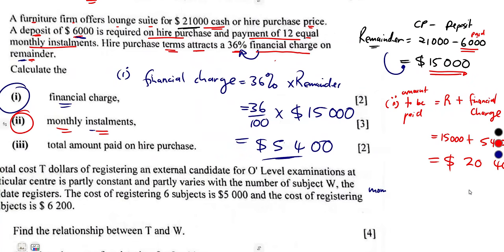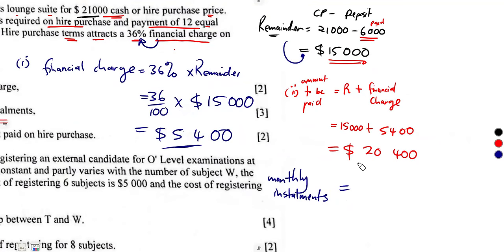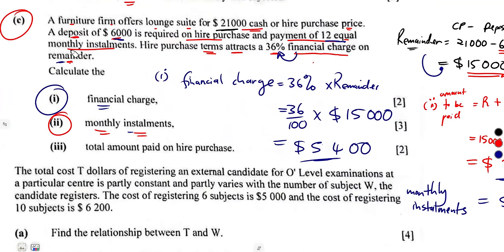So now, how much are you going to pay monthly? The monthly repayment. The monthly installment will be the total amount to be paid, paid over 12 equal monthly installments.